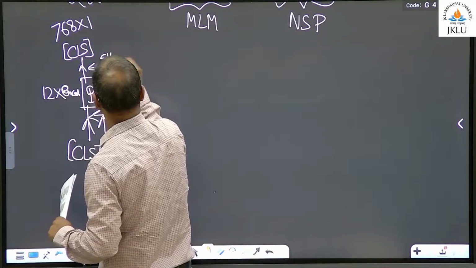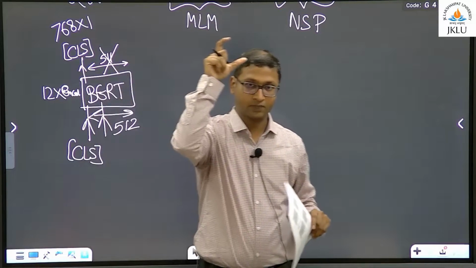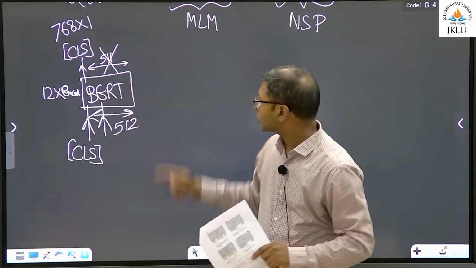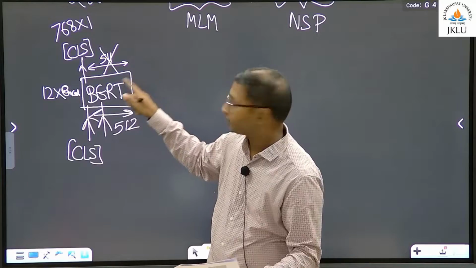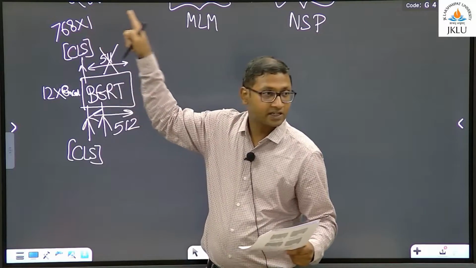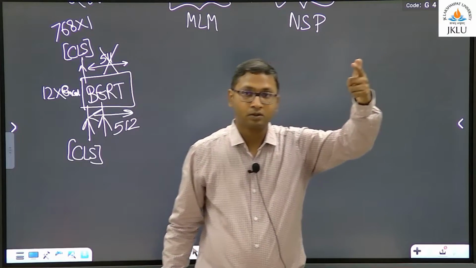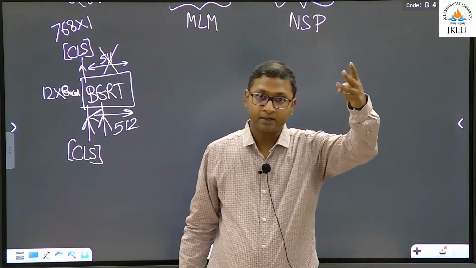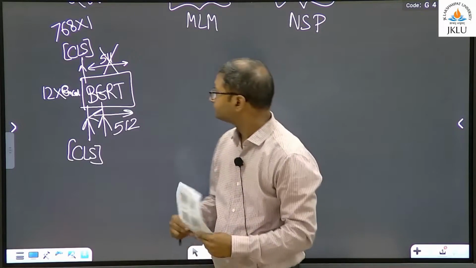What you just use is this first vector, that is 768 cross 1. So how am I going to do this natural language inference? You take this 768 cross 1 and apply softmax over 3 classes: contradiction, entailment and neutral. Done.